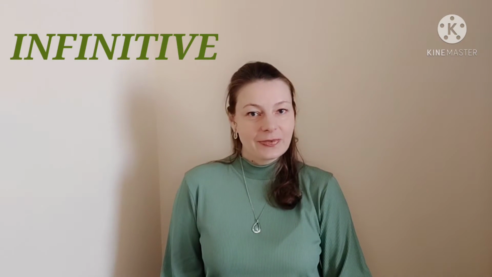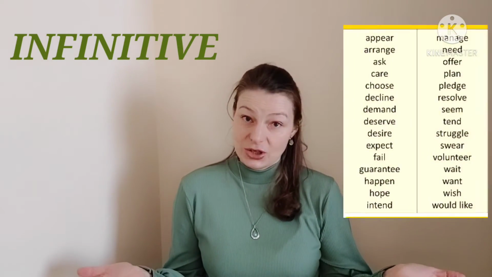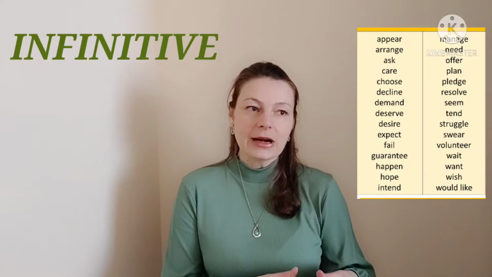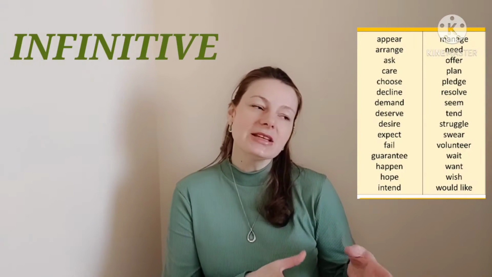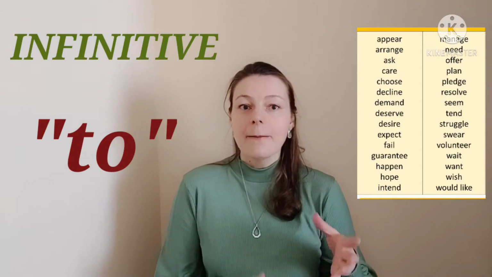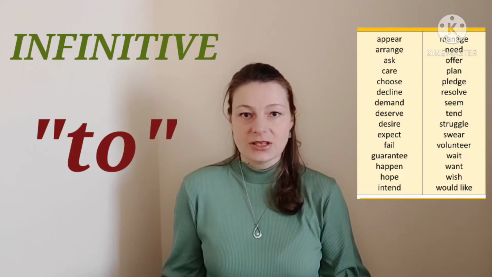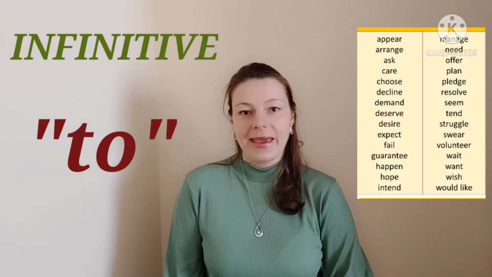As you know, the infinitive is the basic or initial form of the verb. Actually, it is the version of the verb which will appear in the dictionary. The infinitive form of a verb is usually preceded by to, but there are particular cases where to will be omitted, but we will talk about them later.